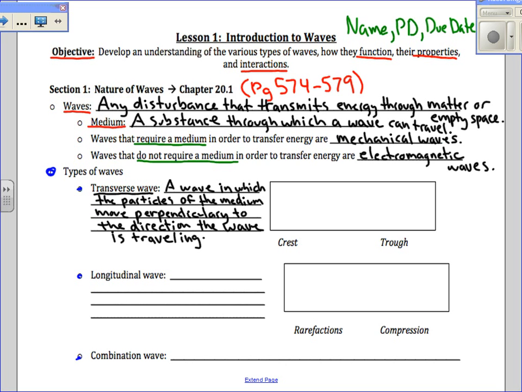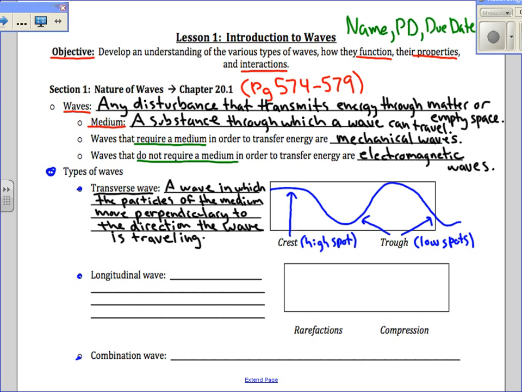Okay, so now what I'd like to do is I'd like to draw a transverse wave. Now, a transverse wave is basically like a rope. It's if your friend is at one end and you're at the other, it's like you're shaking the rope up and down. Now these different waves have things that we need to point out. For instance, the crest is the highest point on the wave, and the troughs are the lower points on the wave. These would be the high spots, and these would be the low spots.